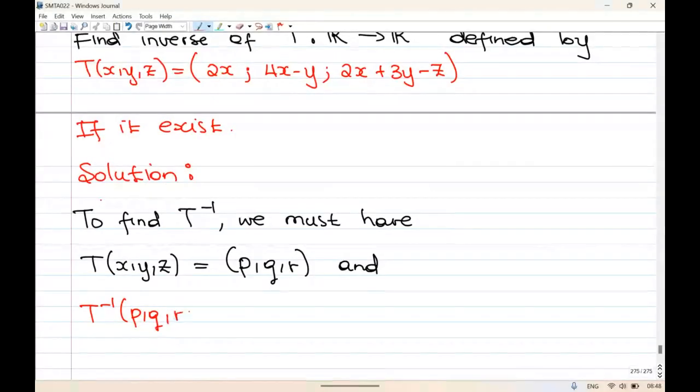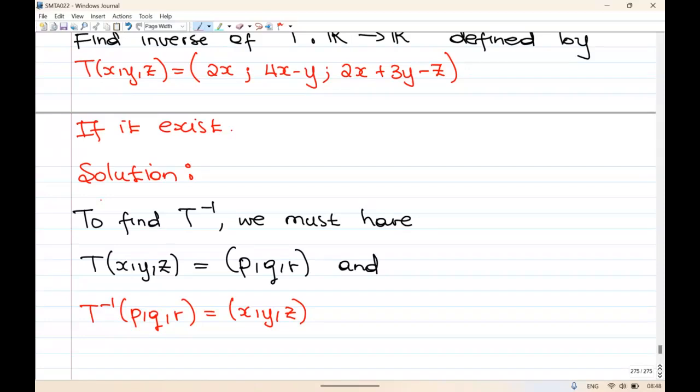T inverse of (p, q, r) will be equal to this (x, y, z). All of you understand this red part? You understand how I got that T inverse of (p, q, r) is equal to (x, y, z). Colleagues, can I get yes?